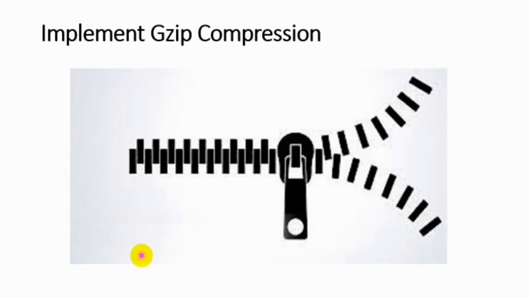I just tell you that GZIP compression is very important and fruitful for fast loading. You can see the other tutorial on how to enable zip compression from cPanel.